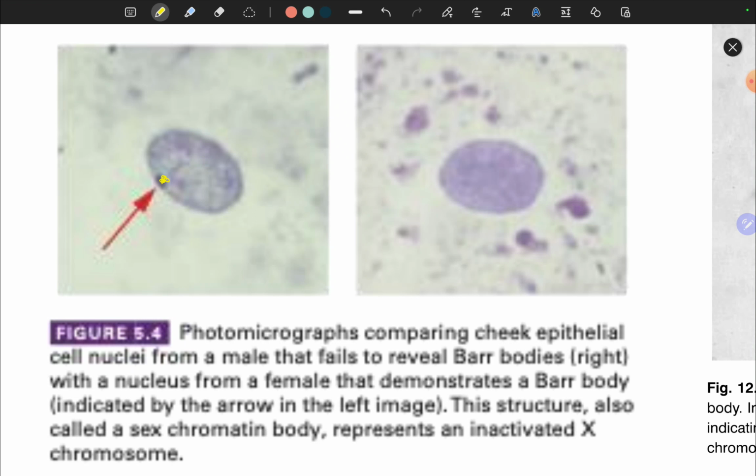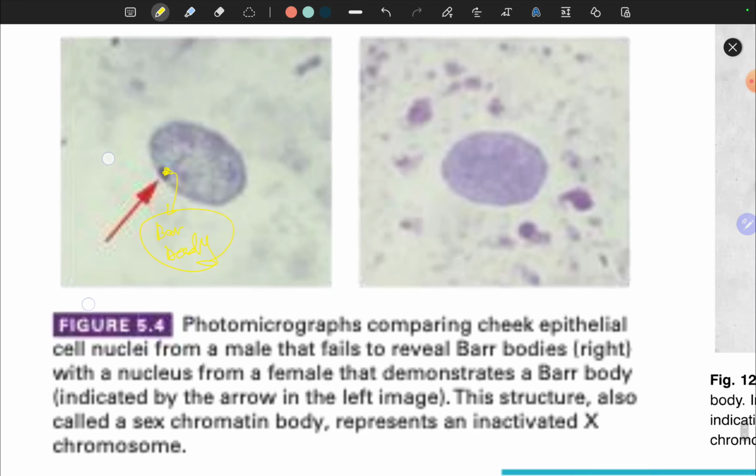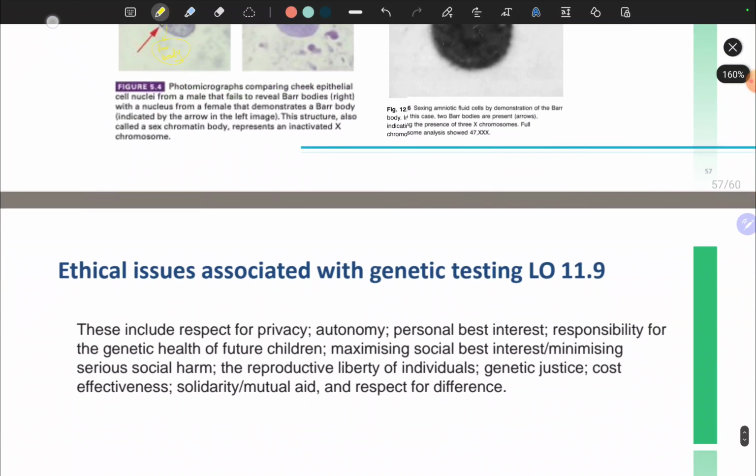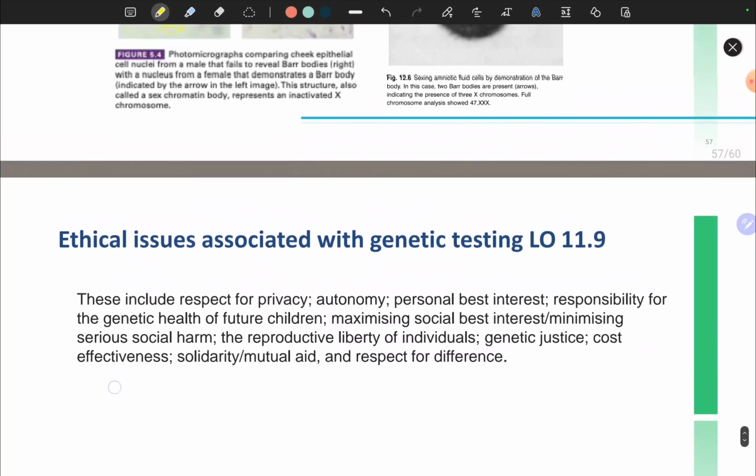So indicated by the arrow on the left. The structure, also called a sex chromatin body, represents an inactivated X chromosome.